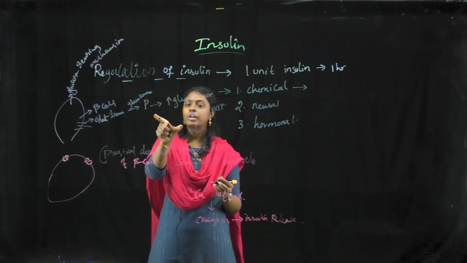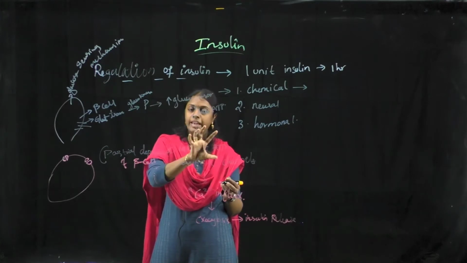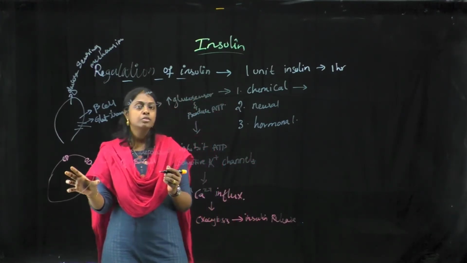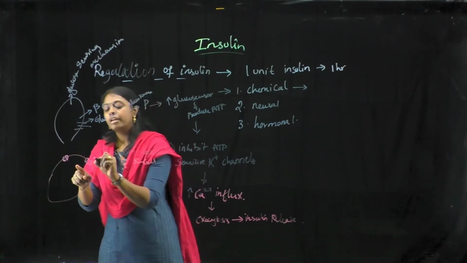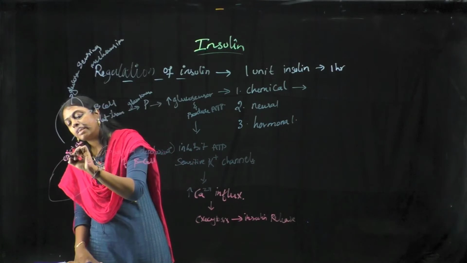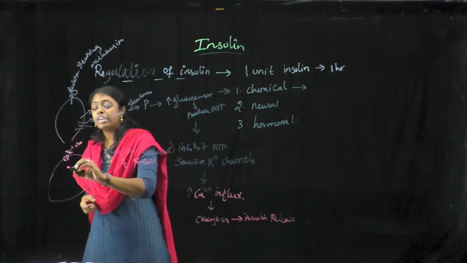So as this increases the glucose sensor and production of ATP, it will inhibit, imagine this is the beta cell, this potassium channel. So when it is inhibited, there won't be any influx of potassium.